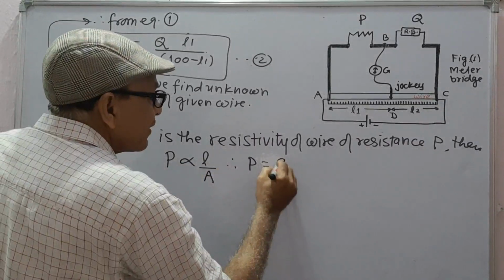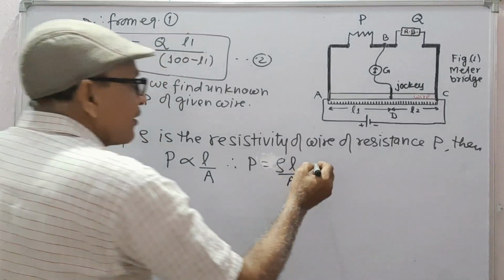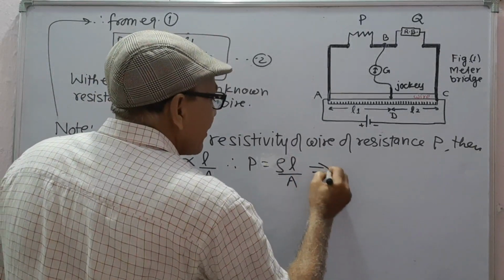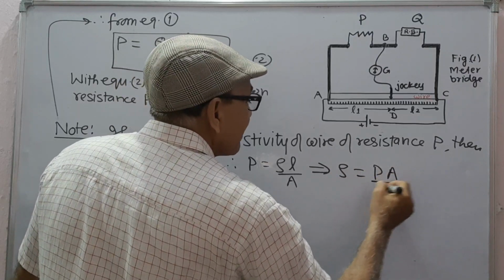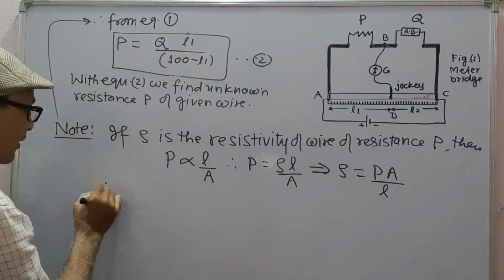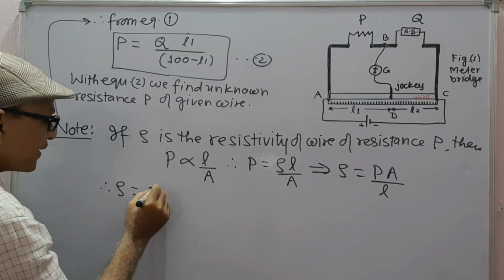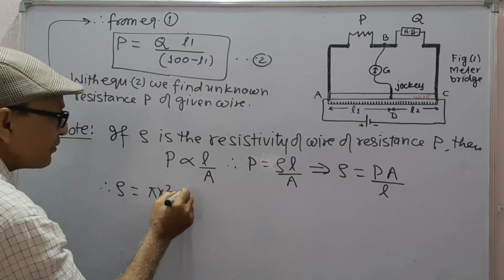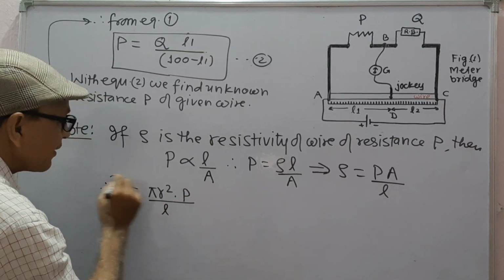Therefore, P will be equal to rho L upon A. Therefore, rho will be equal to P A upon L, or rho will be equal to pi r square into P upon L, equation 3.